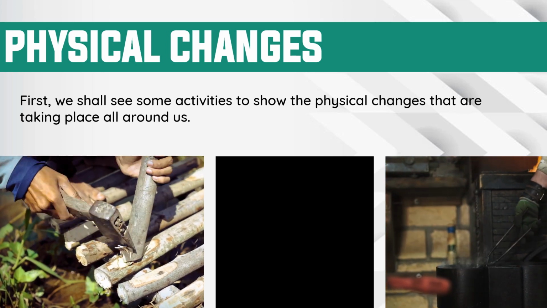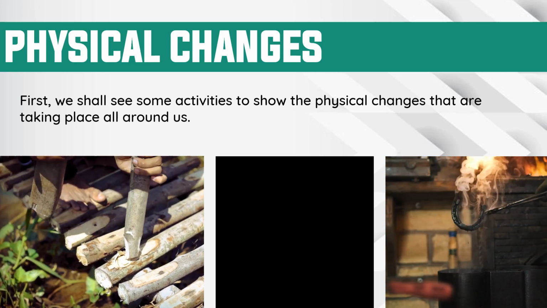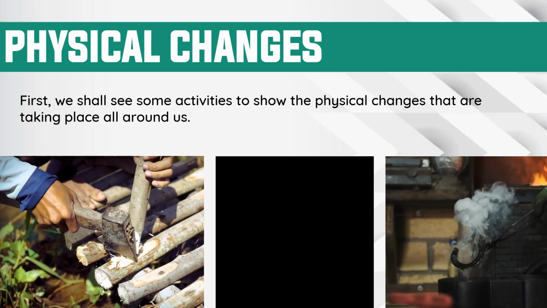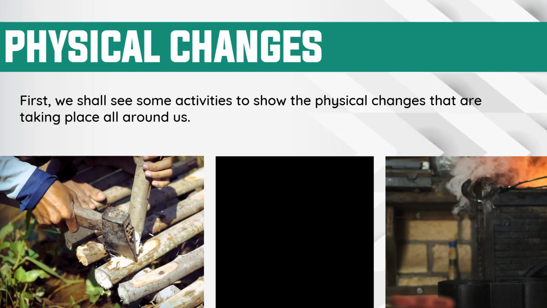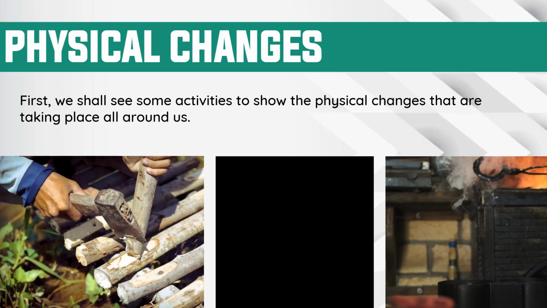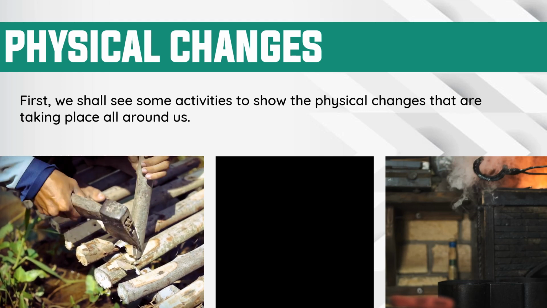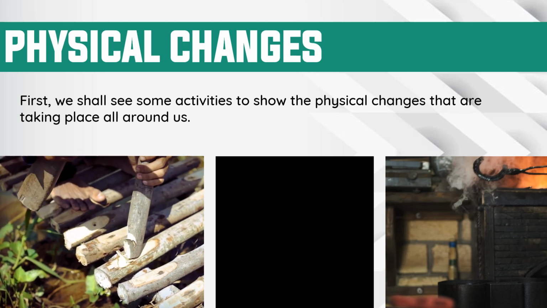So you can see small pieces of wood. First it was a big piece, but after cutting it became small pieces. But those small pieces and that big one, both are wood. What is the change? Only shape has changed and size also has changed.